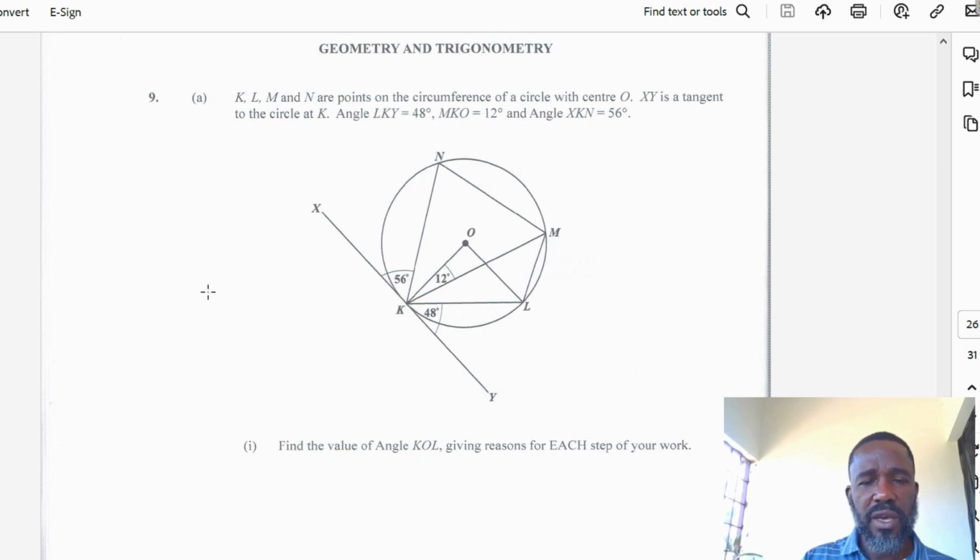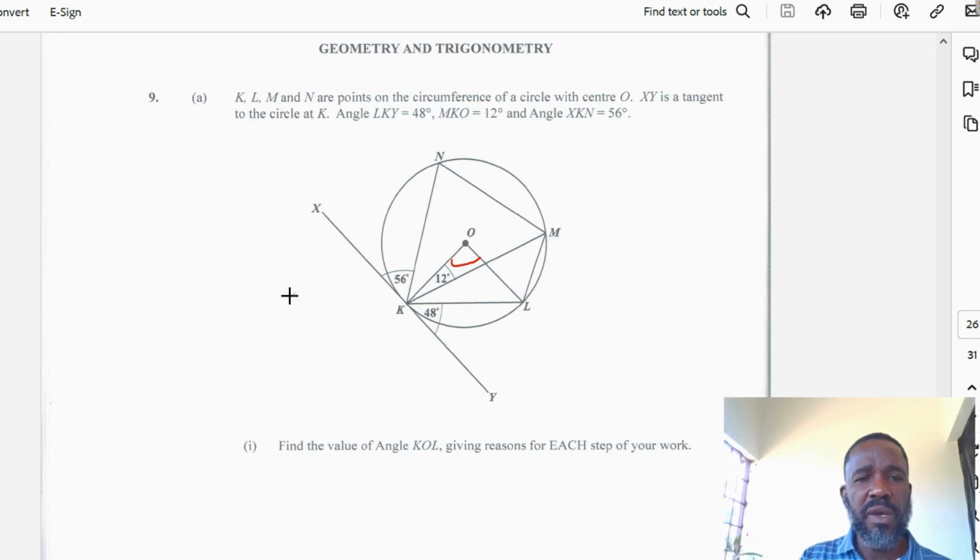Okay, so KOL is this angle here, so we want to find the value of that angle.